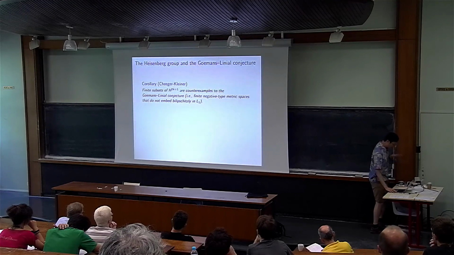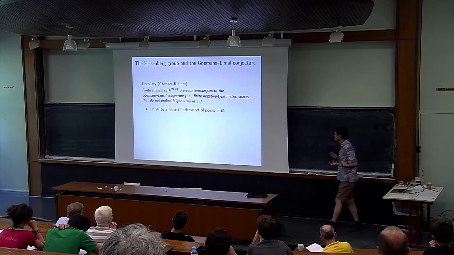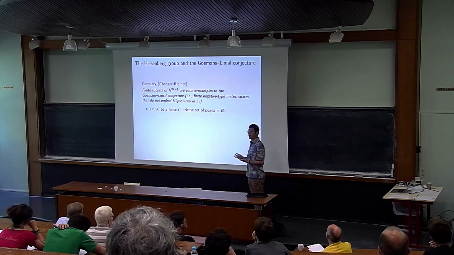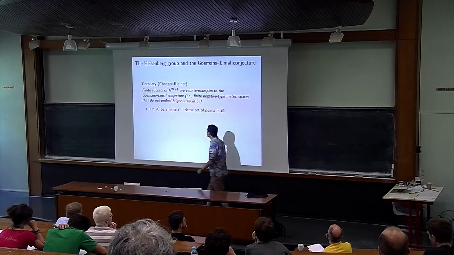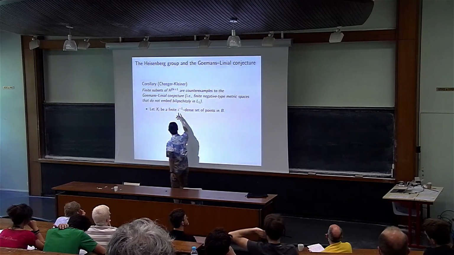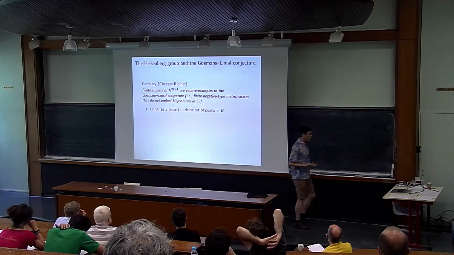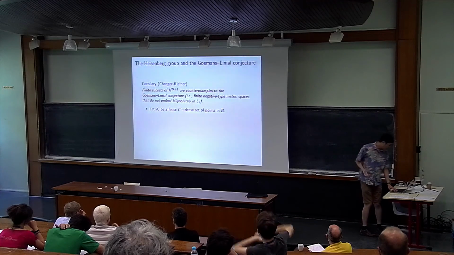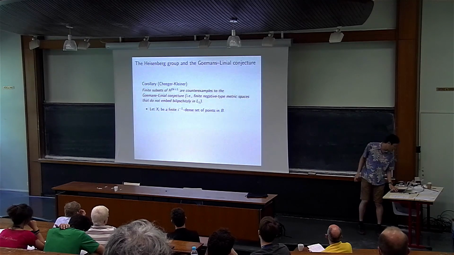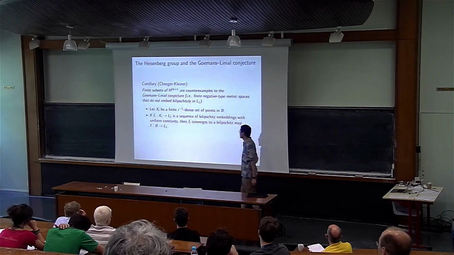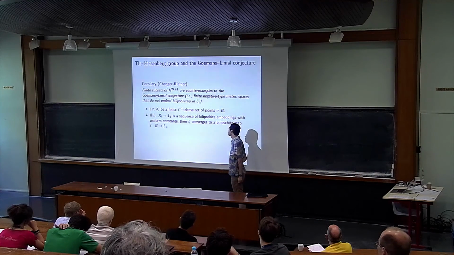Why is this? Well, we can construct finite subsets of the unit ball that approximate the ball better and better. We can define x sub I to be a finite 1 over I dense set of points in the unit ball. And then we can let I go to infinity. If the Goemans-Linial conjecture holds, then there's going to be a sequence of bi-Lipschitz embeddings of x sub I into L1 that all have uniform constants.